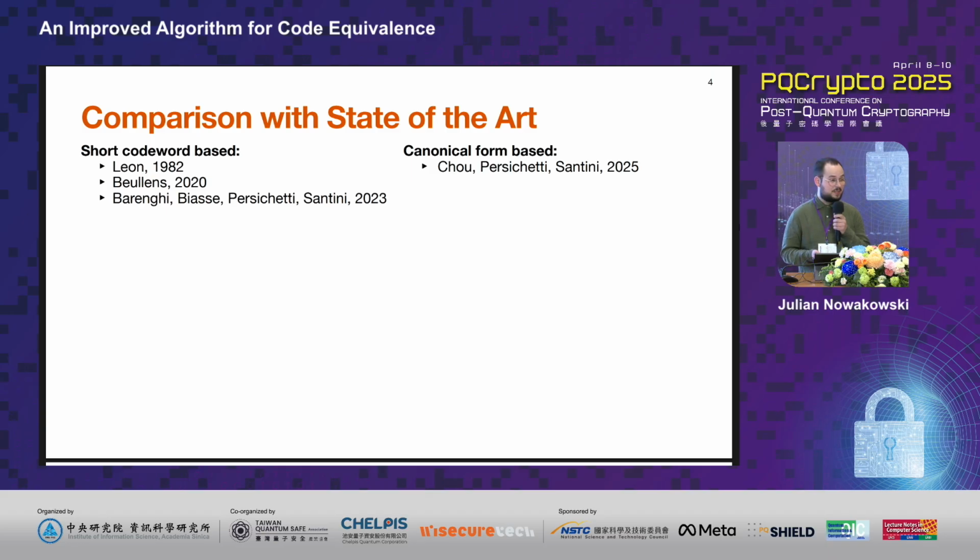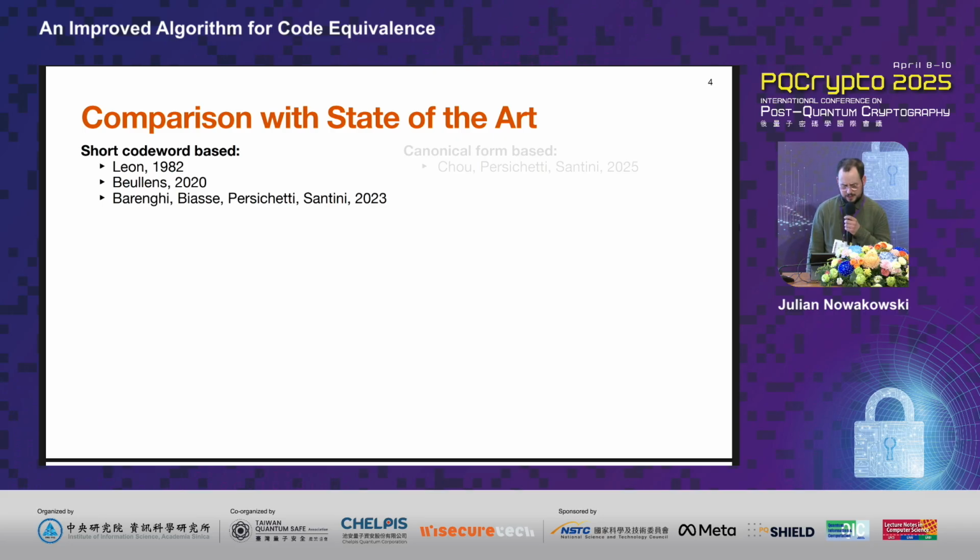That was recently introduced by Tung, who is sharing this session together with Edoardo Persichetti and Paolo Santini. My new algorithm is basically an improvement of their algorithm, and I will talk a lot about their algorithm in a minute. But before we do that, let's have a quick look also at the short code words-based algorithms.